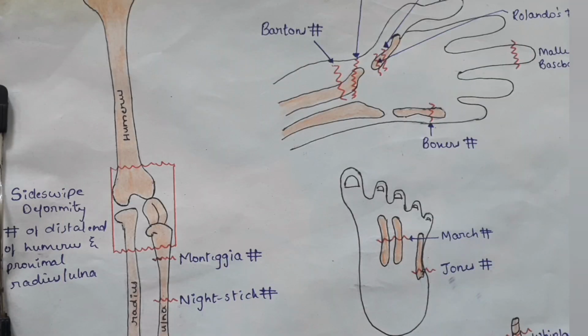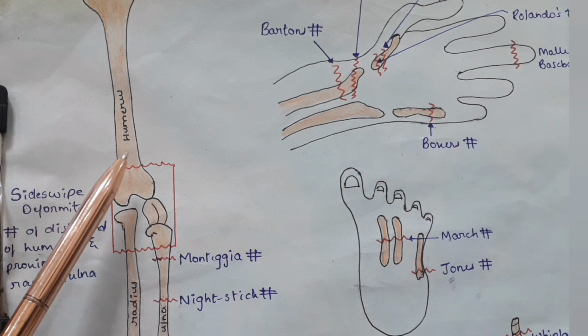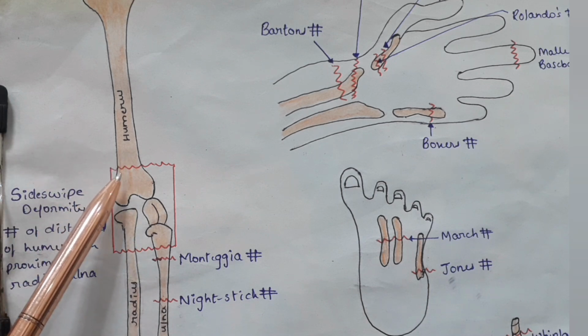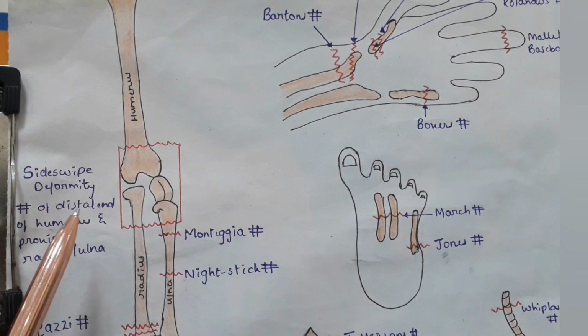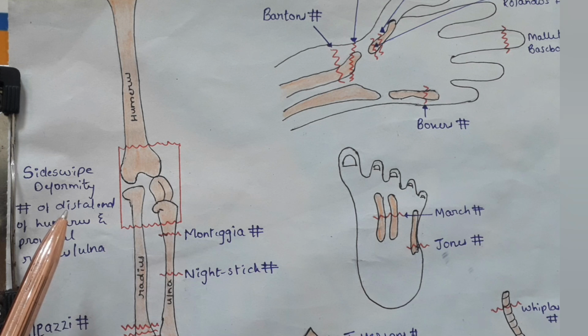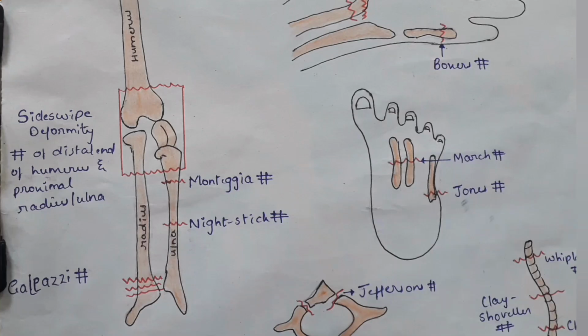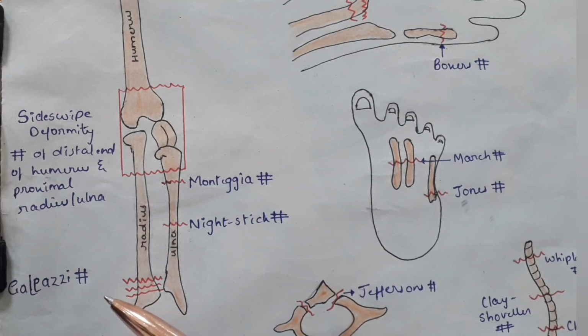The first one is the side swipe deformity. It is a fracture of the distal end of the humerus and the proximal end of the radius and the ulna. This type of deformity is usually seen when one's elbow is projecting out of the car and is side-swept by another vehicle. Then we have the Colles fracture.